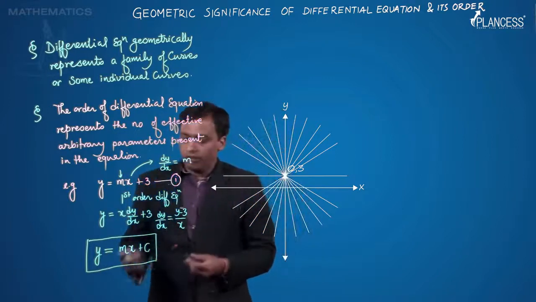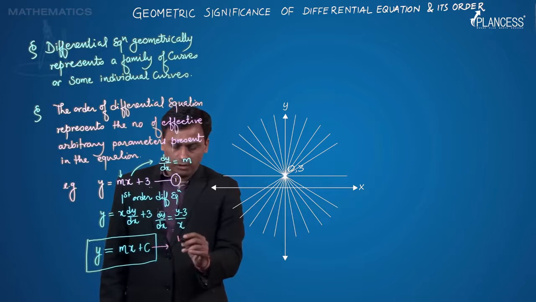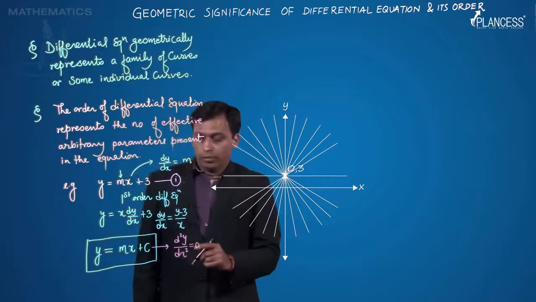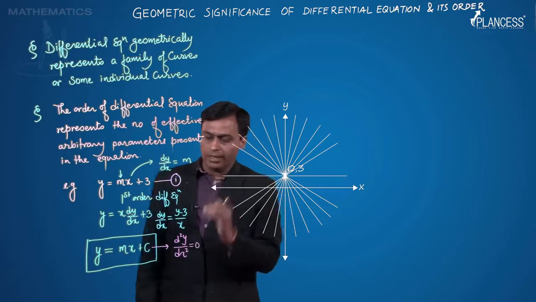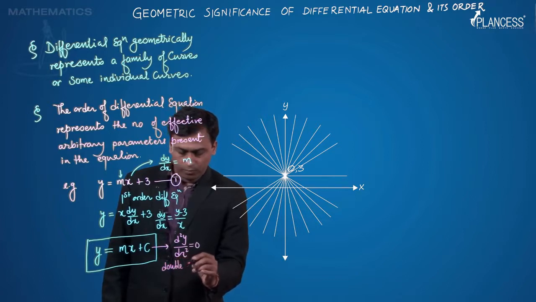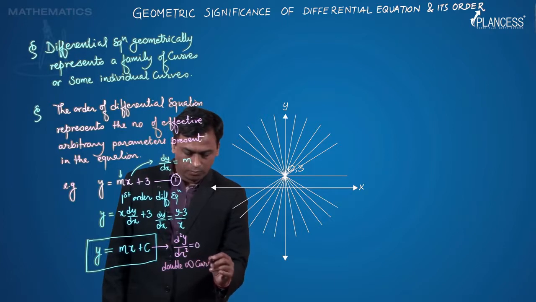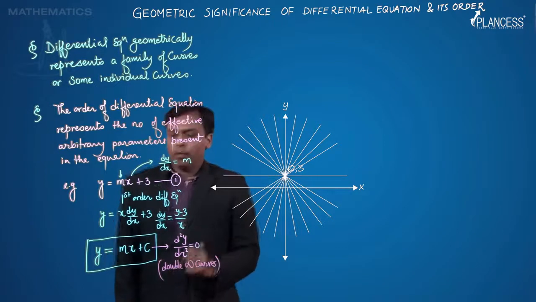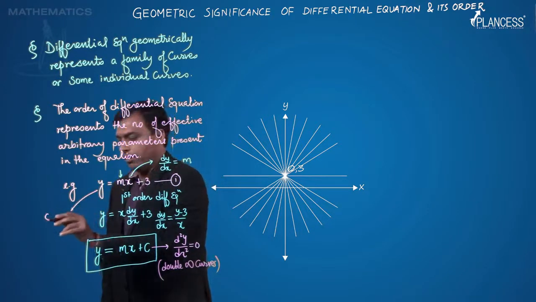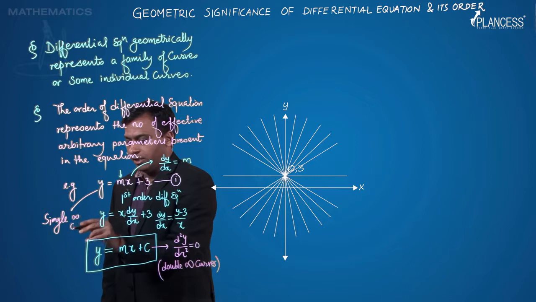We have already seen that the differential equation of such a family of lines is d2y over dx2 equals 0, which is a second order differential equation, and a second order differential equation represents a double parameter family of curves, or double infinity of curves. Whereas the first one represents single infinite curves.